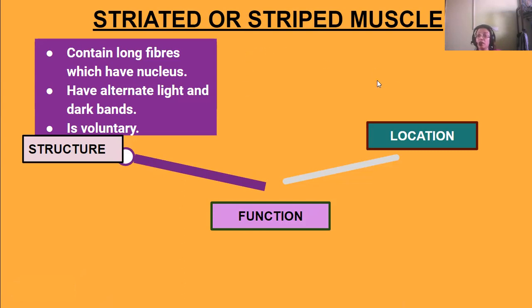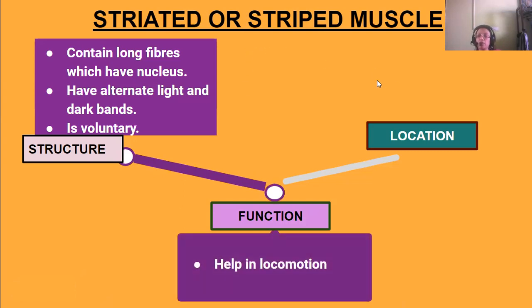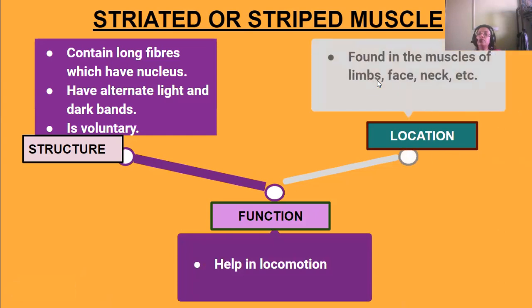So where are they located? They are located in the muscles of the limb, face, neck, etc. All the places where we have control. The movement of the limbs can be controlled by us.